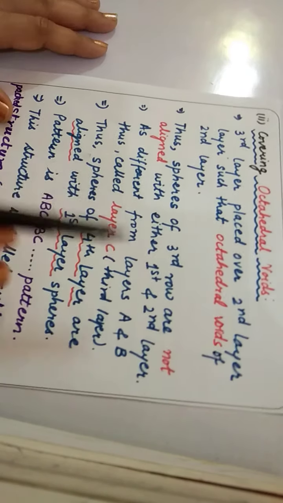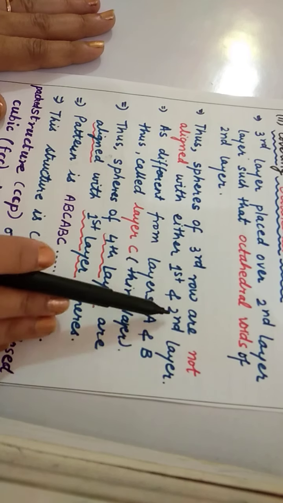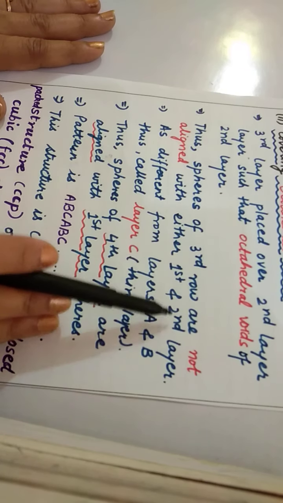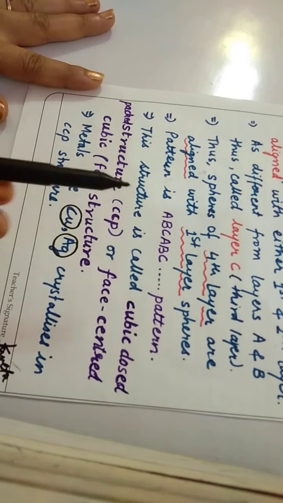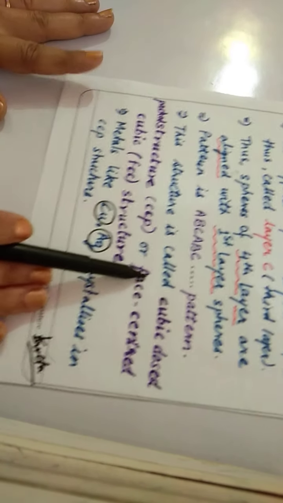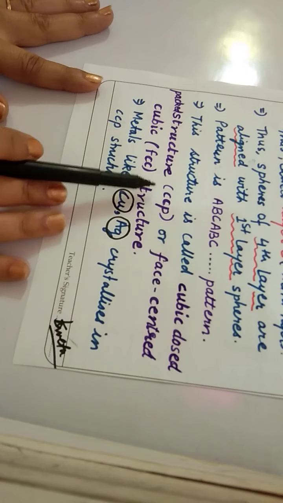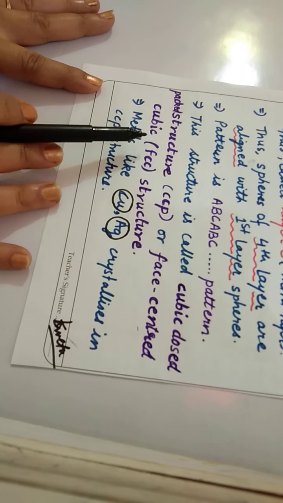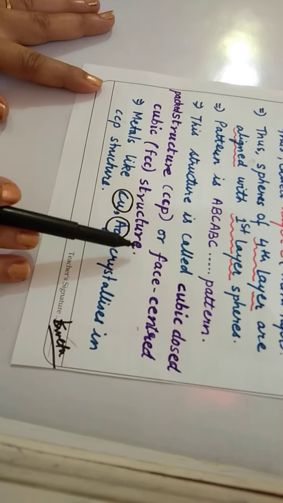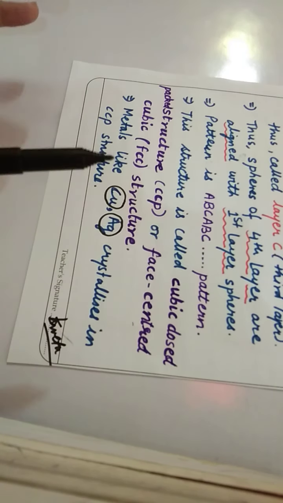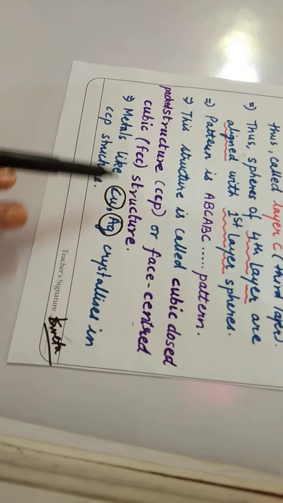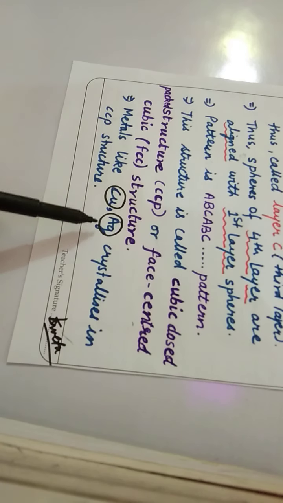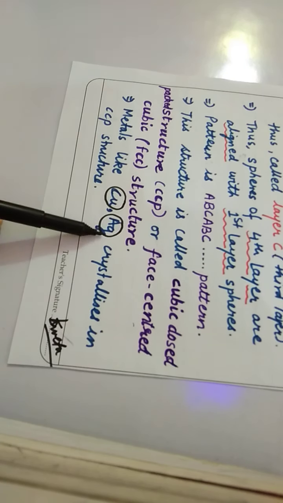It will be C. So ABC: first, second, and third layer C. The type of arrangement is ABC pattern, and the structure you will get is cubic close packed structure, or face centered cubic (FCC) structure. The metals showing this kind of structure are copper and silver.